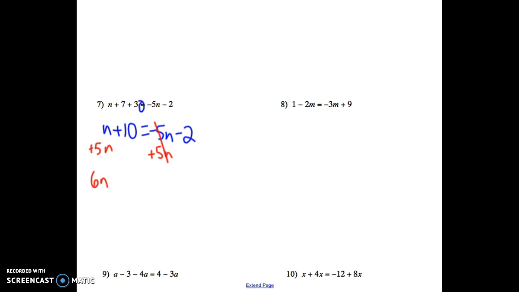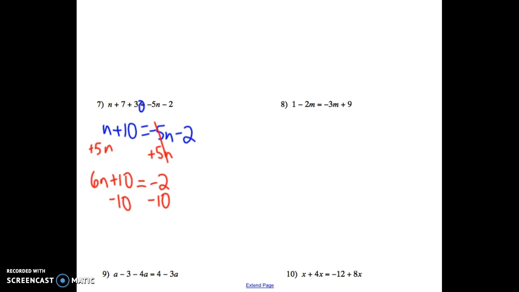So now on the left side I have 6n plus 10 equals a negative 2. Since I moved the variables to the left side, that means I have to move the numbers, or the constant, to the right side. So in this case, the opposite of adding 10 is I have to subtract 10 to both sides. And up there I added 5n instead of subtracting 5n because it was a negative 5n, so I need to do the opposite of it.